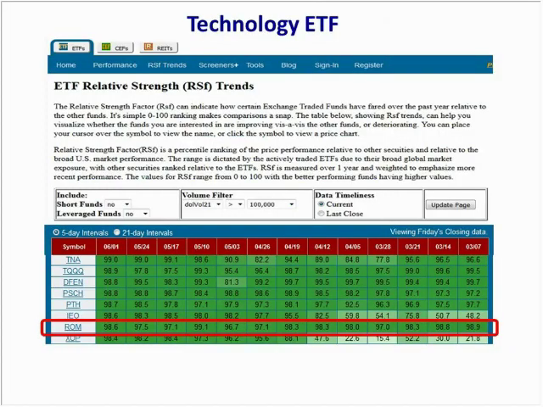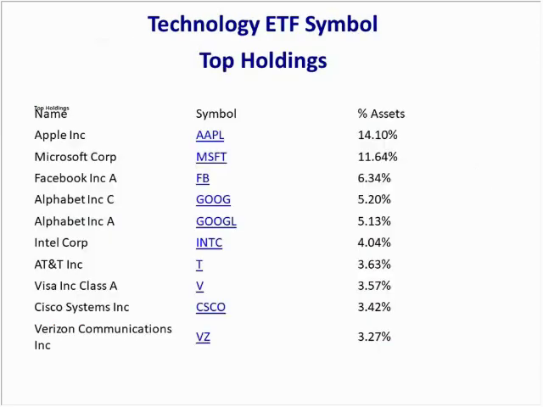Here's another example. This is for the technology ETF, symbol ROM, and you can see this has a relative strength of 98.6, and it's been very strong for a long period of time. So this is the kind of ETF we like to focus on.